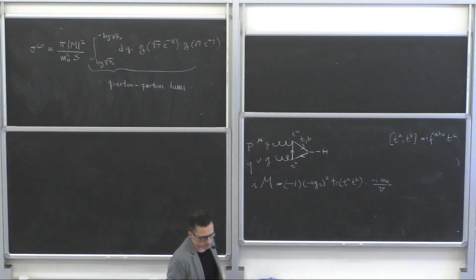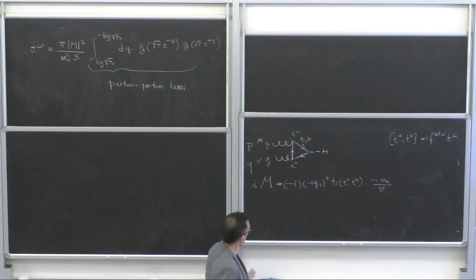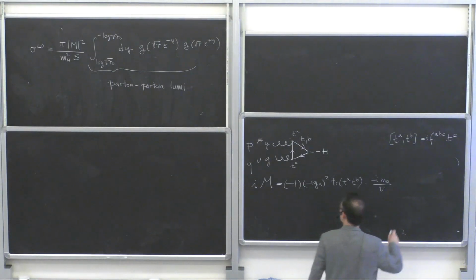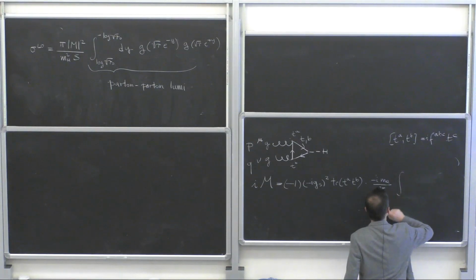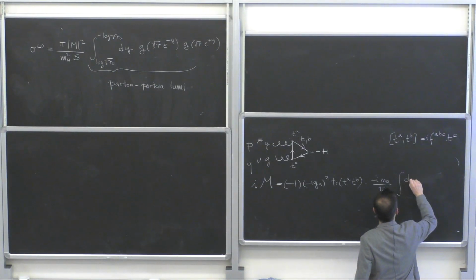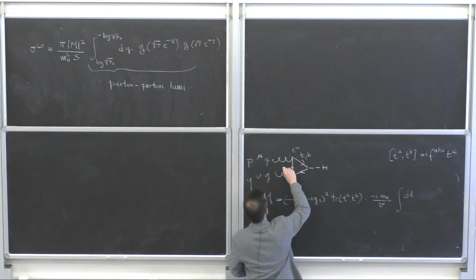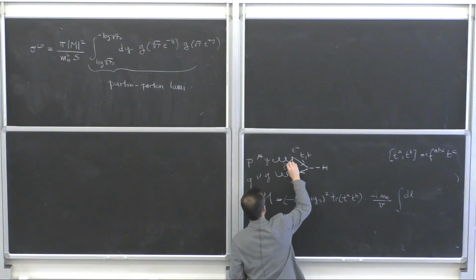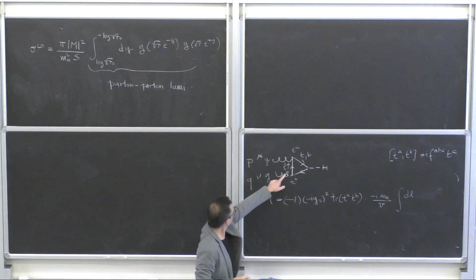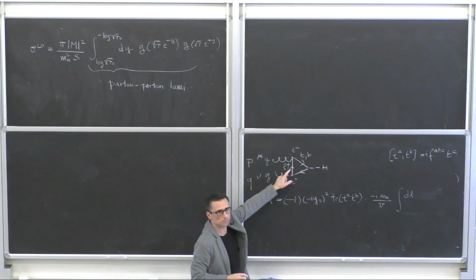And then finally, unfortunately for us, but also fortunately because it's really fun, I have to do the integral over the loop momentum. So the loop momentum I call L here, and I go this way, aligned with the arrow.